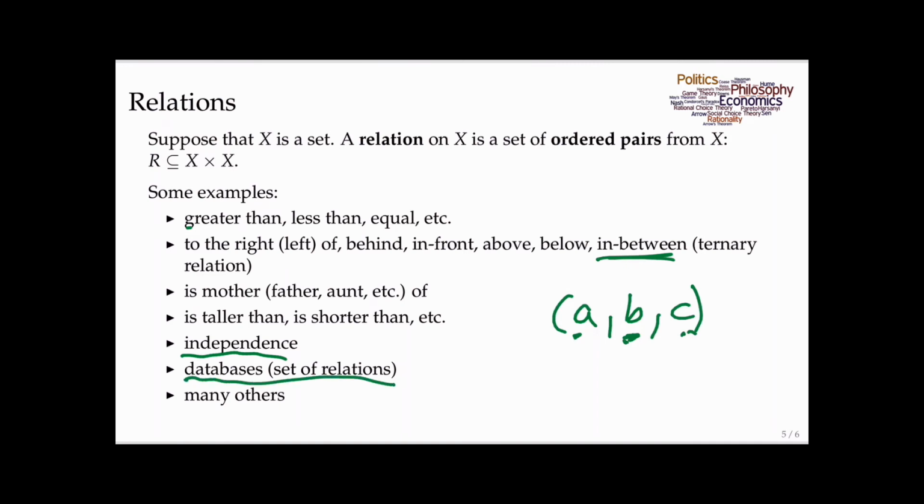That's all a database is. So you put objects into a database, and you identify relationships between the different objects in your database. And there are many, many others. The idea of a relation is really ubiquitous in mathematics. It's used all over mathematics and computer science and economics. So it's an important concept, and it's very important that you become comfortable with reasoning and talking about relations.